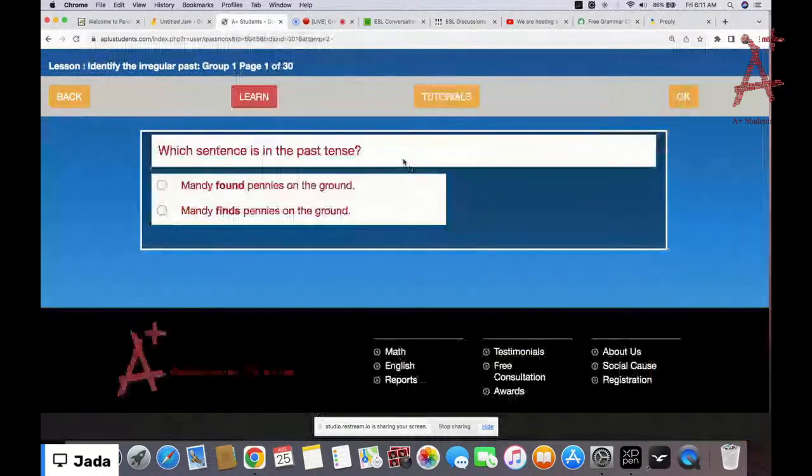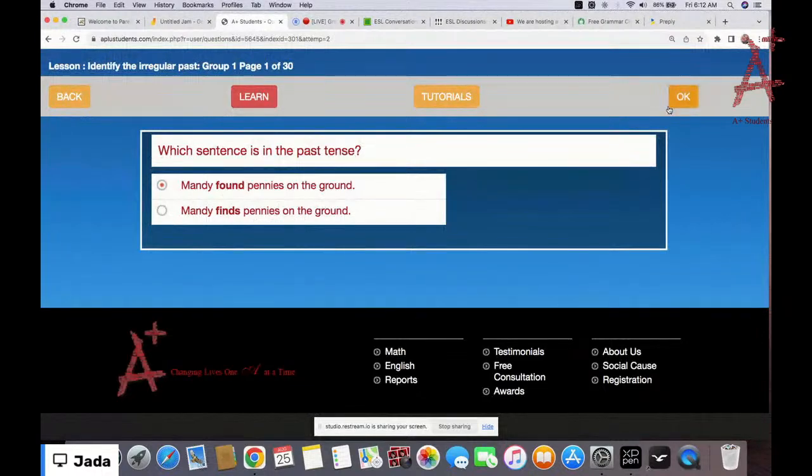Okay, all right, so which sentence is in the past? Mandy found pennies on the ground. Mandy finds pennies on the ground. So finds is the present tense and the past tense is found. So the irregular past tense of find is found. Okay?